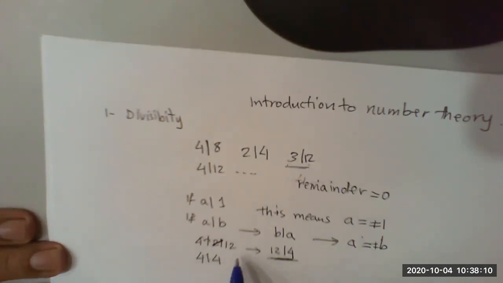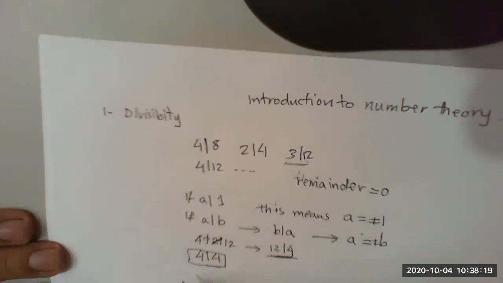They will not divide each other. The only way they can divide each other after swapping is if they are equal. So this is divisibility, and it has some properties.